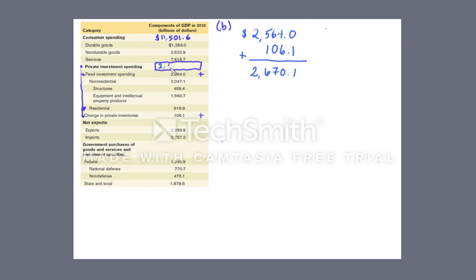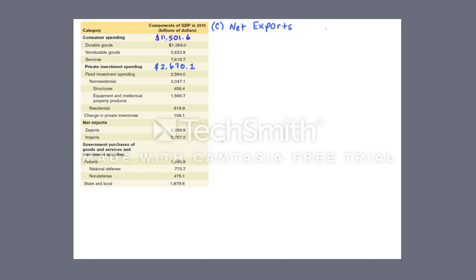Part C asks us to calculate 2013 net exports. Remember that anything net is just what is left over when you subtract something else. For instance, if I'm a baker making a cake and selling it, in class I did this example, let's say I sold it for $20, and I would have to take away the amount that I put in to what I had to buy to make that cake.